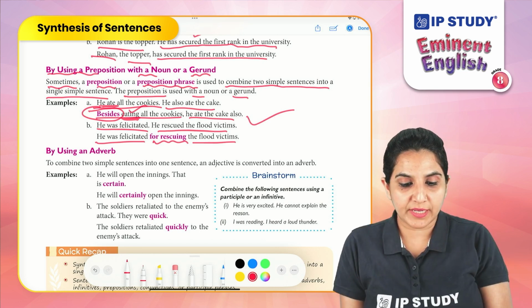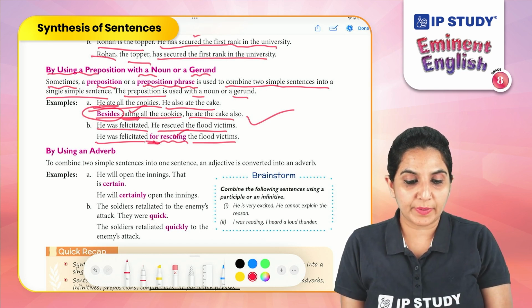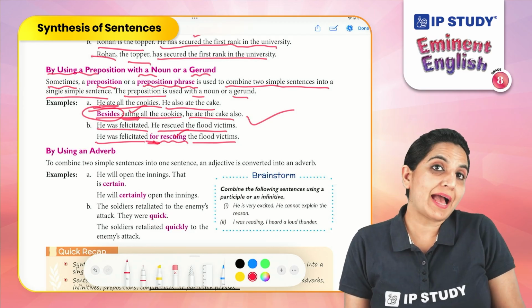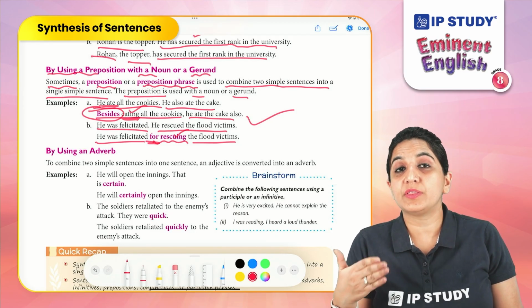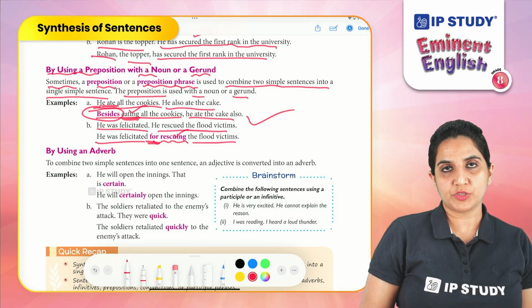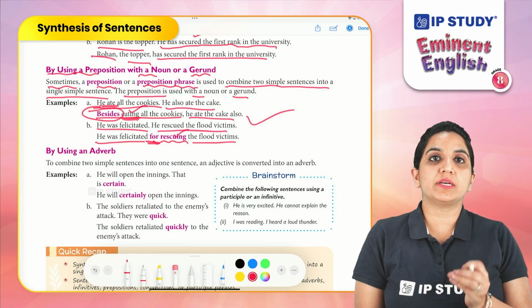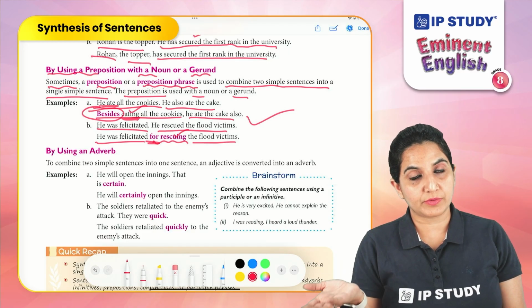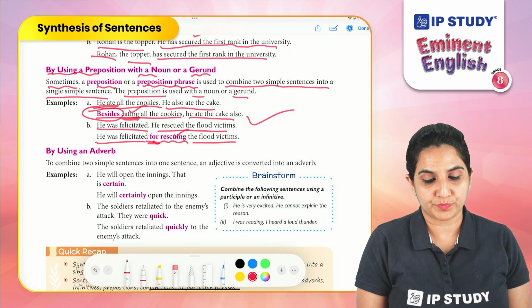For rescuing, a gerund has been used with the preposition for. So besides eating, for rescuing, all of these are gerunds used with prepositions, or we use a noun with the preposition. That is how we join sentences by using a preposition.